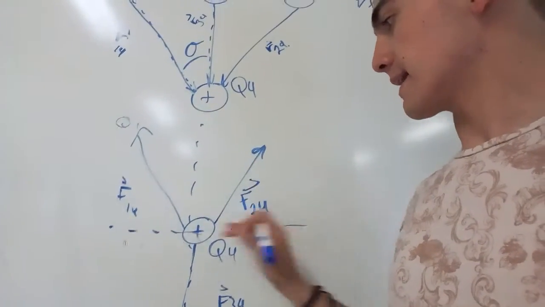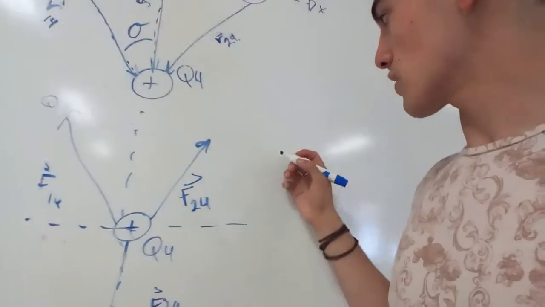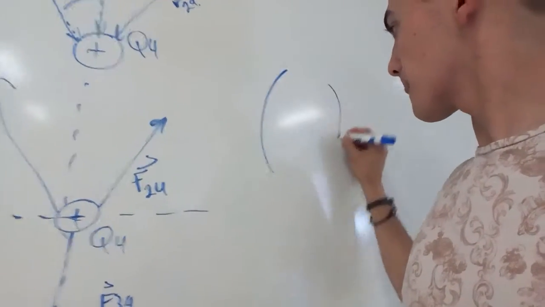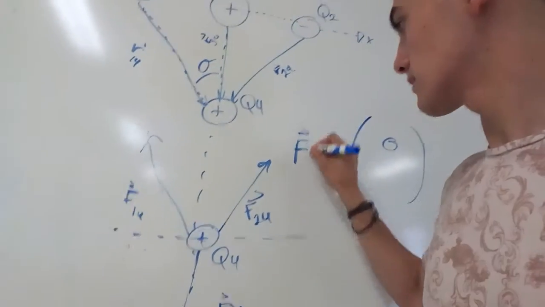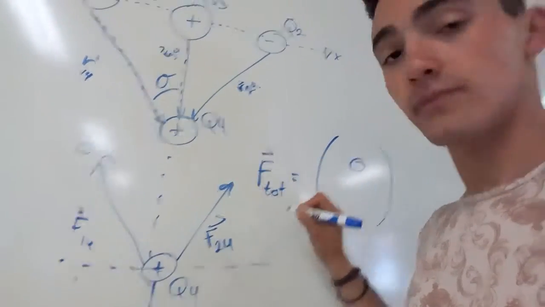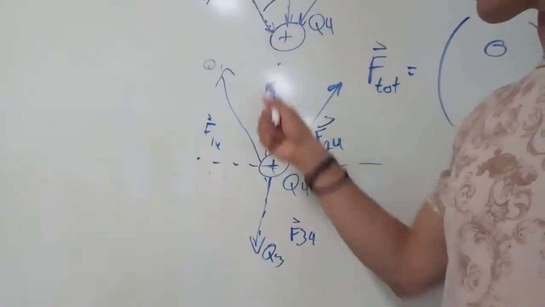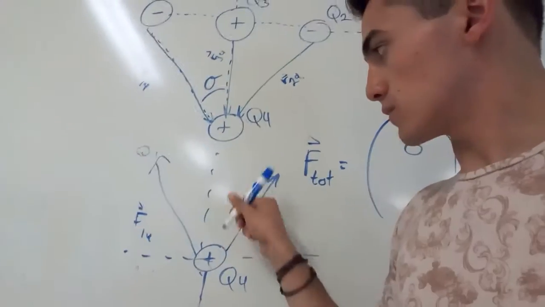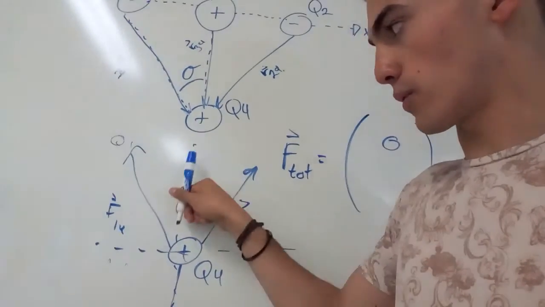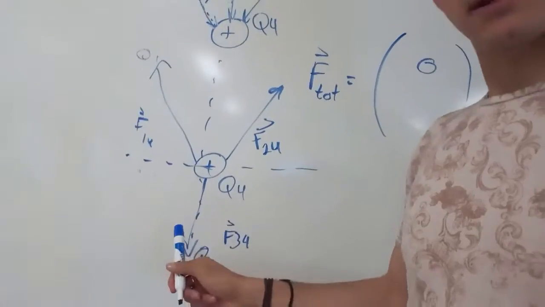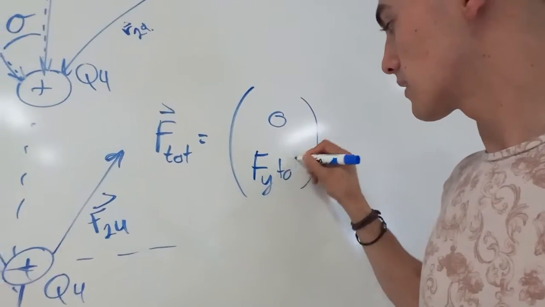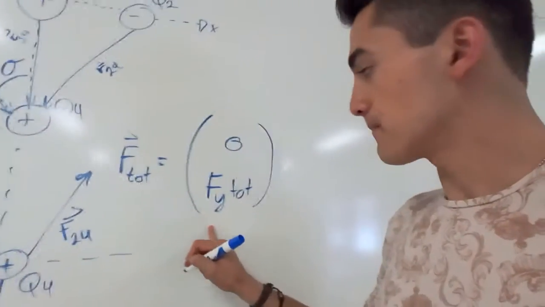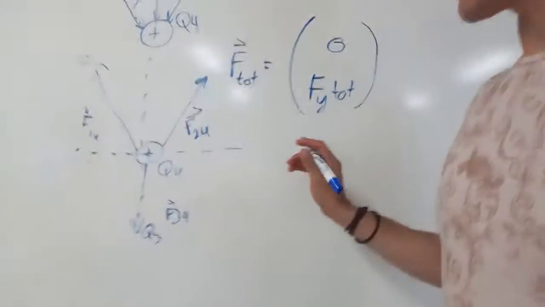So the x forces cancel each other. So we will have 0 force, the total force in x will be equal to 0. But we notice that in the y we will have these two here, both components, and this one. So we will have here a total force in y.